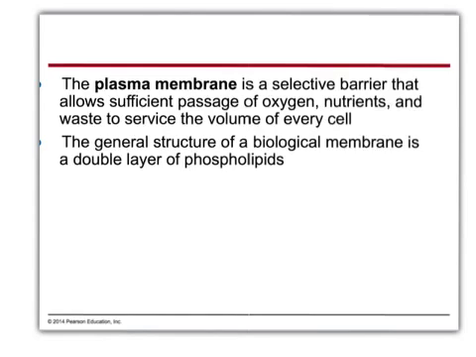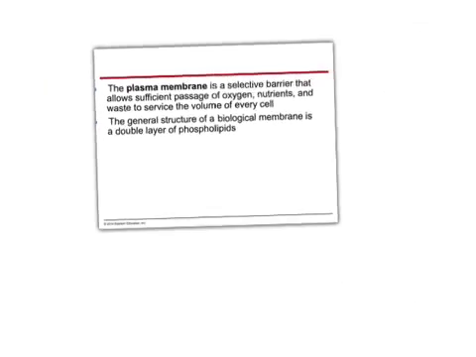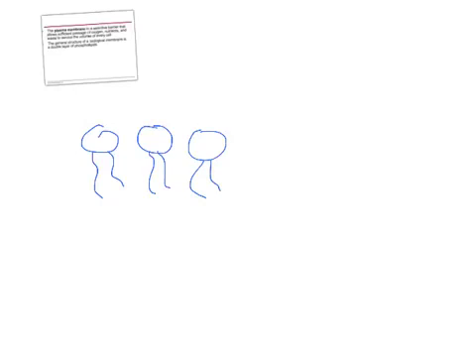The general structure of a biological membrane is a double layer of phospholipids, which means it looks like this. What is that? So, double, these are phospholipids.